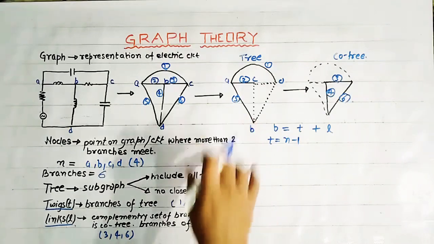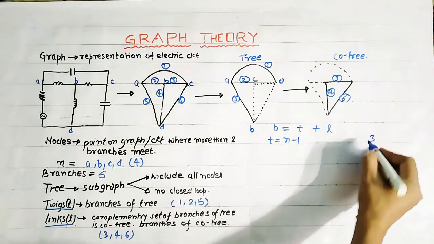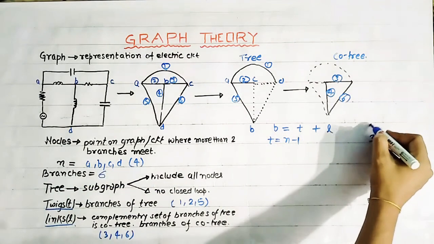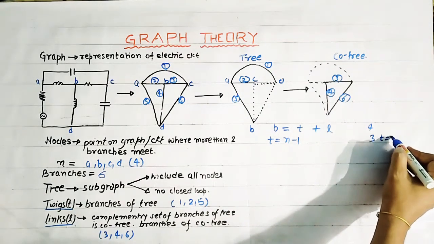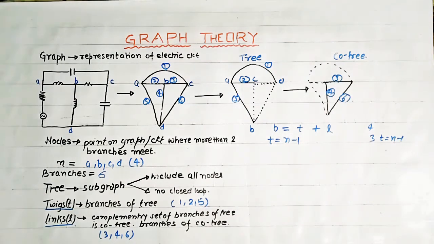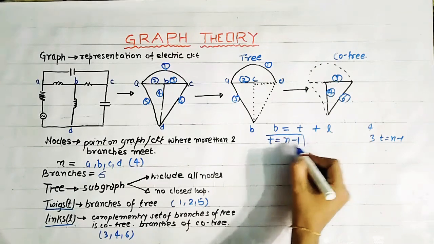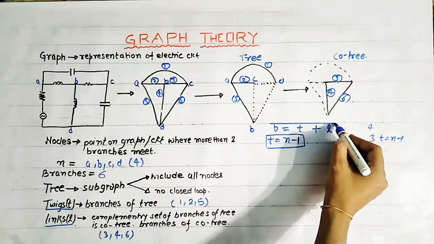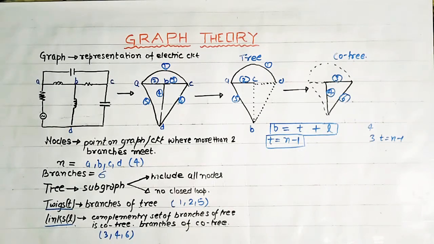It is also evident from this graph. You can see that the number of twigs here is 3, while the number of nodes is 4. So we can clearly see that twigs are n minus 1, means 4 minus 1 is equal to 3. That's why this is the second relation. Number of twigs is equal to number of nodes minus 1, and branches are equal to twigs plus links.